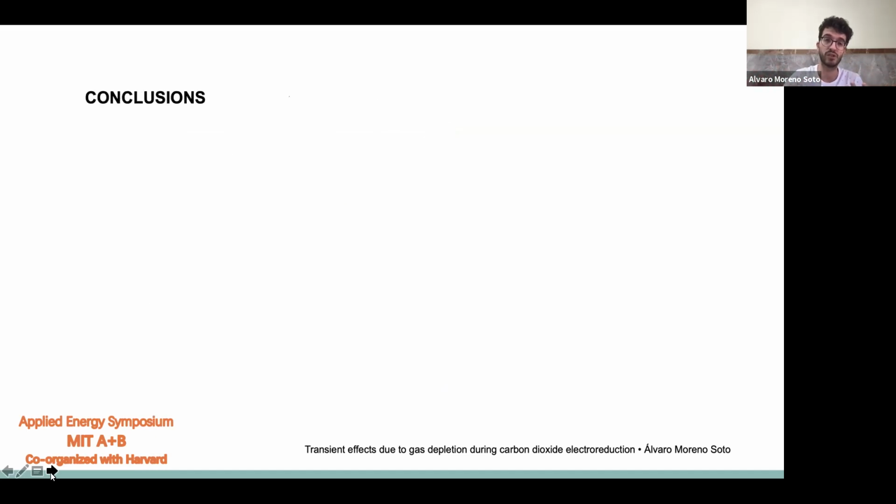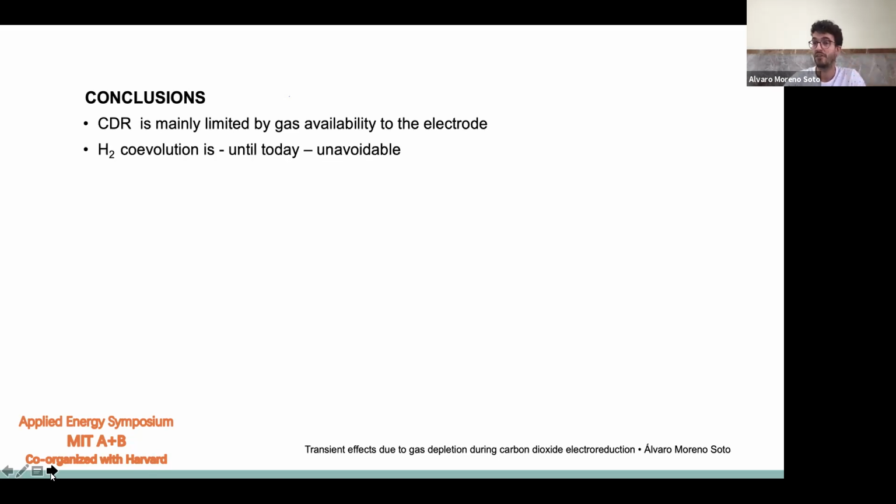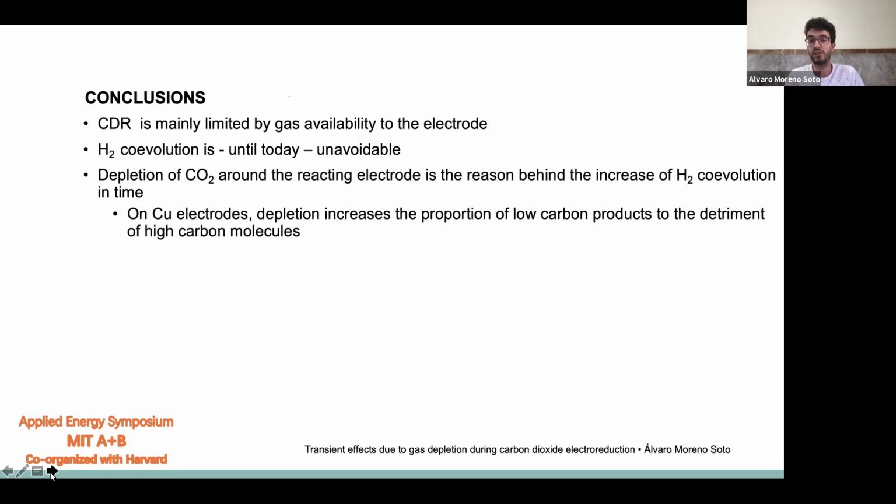So, conclusions. CO2 electrochemical reaction is limited by the gas availability to the electrode. Hydrogen coevolution, unfortunately for today, is unavoidable, but we can try to diminish it as much as possible. The depletion of CO2 around the electrode is the cost for the increase in the H2 coevolution.